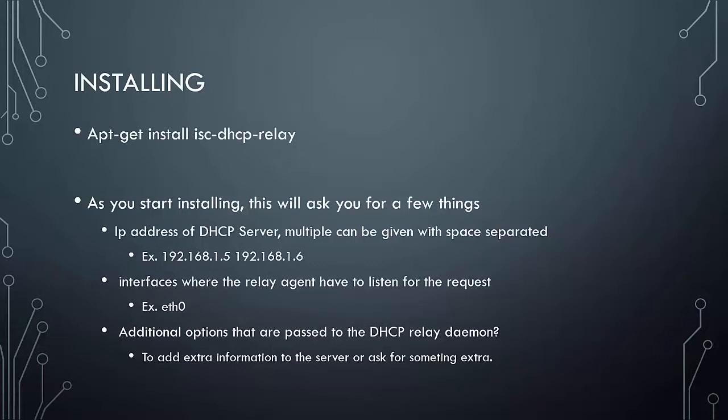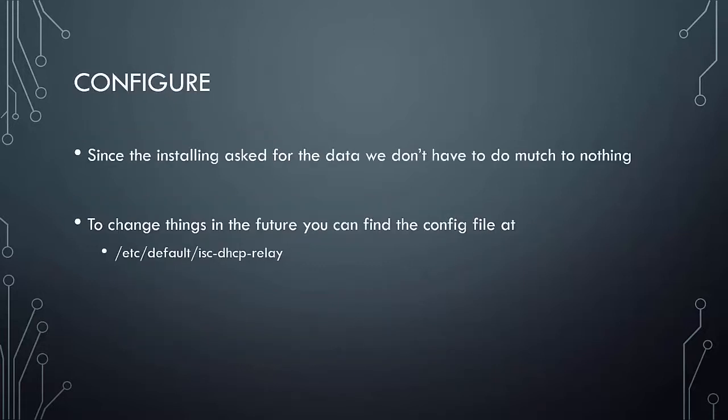This will be the host subnet. The third thing are additional options that you want to add to the DHCP server, but we will leave this blank. Configuration is done in the installation. If you want to adjust the setting because you changed the server IP, you can access the configuration file at /etc/default/isc-dhcp-relay.